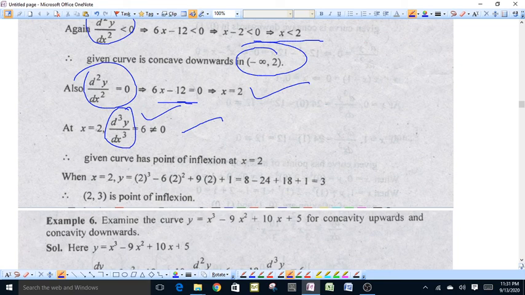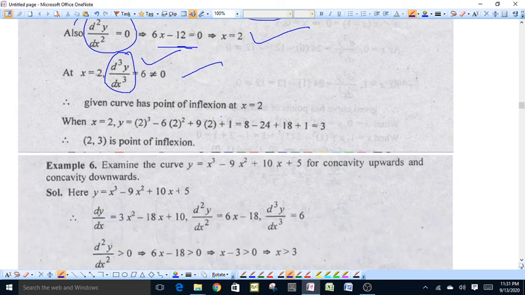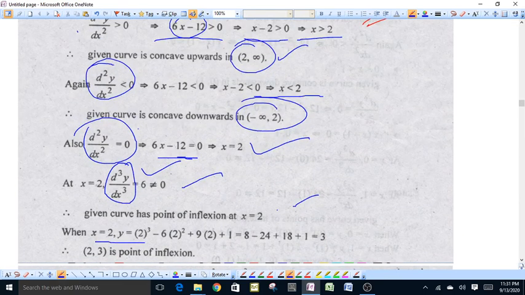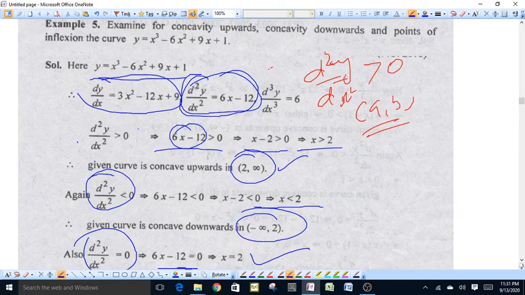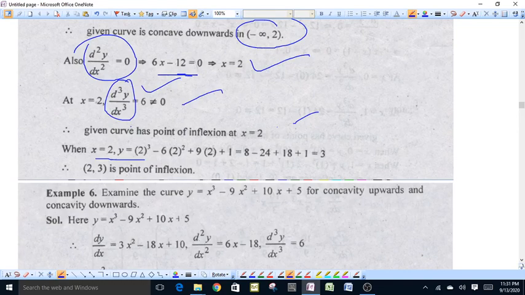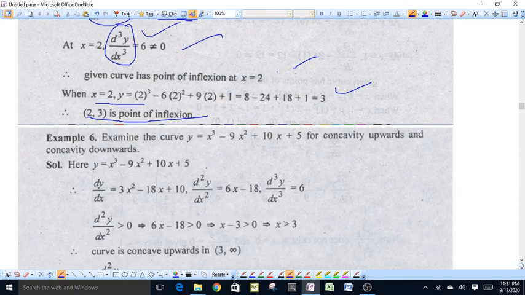This means x equal to 2 is a point of inflection. For x equal to 2, putting x equal to 2 in the given curve y is equal to x cube minus 6x square plus 9x plus 1, we get y equal to 3. Then (2, 3) is the point of inflection.